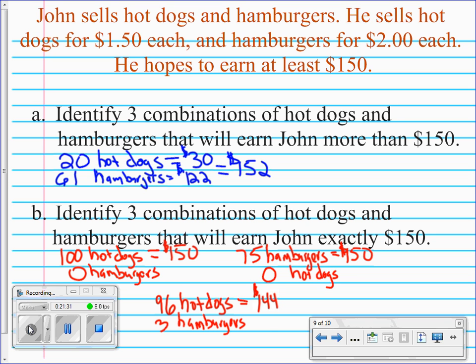Because 3 hamburgers would be 3 times $2, which is $6, for a total of $150. Just find combinations of hot dogs and hamburgers that will get you exactly $150.